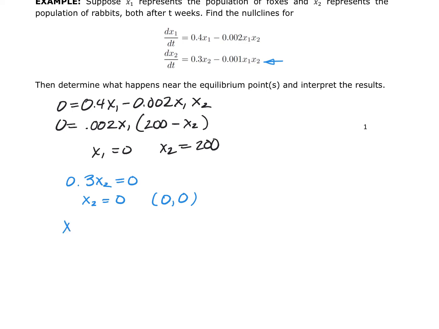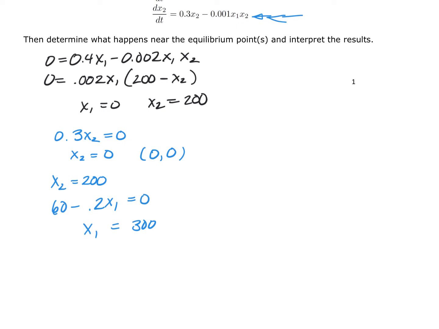Now, if x sub 2 is equal to 200, and again, I'm going to put it back into this equation up here, then I'm going to get 60 minus 0.2 x sub 1 is equal to 0. So x sub 1 is going to equal 300. So my second ordered pair is 300, 200.